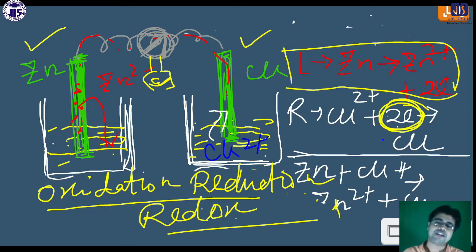I will discuss how we can determine where oxidation and reduction occur later. But at this moment just try to understand that in the zinc electrode oxidation occurs.